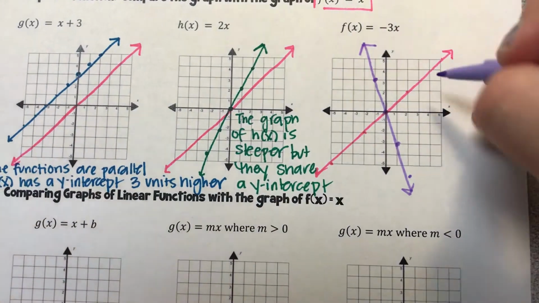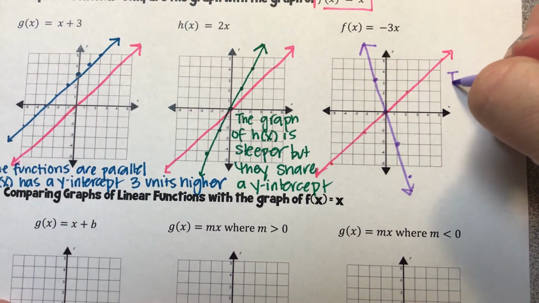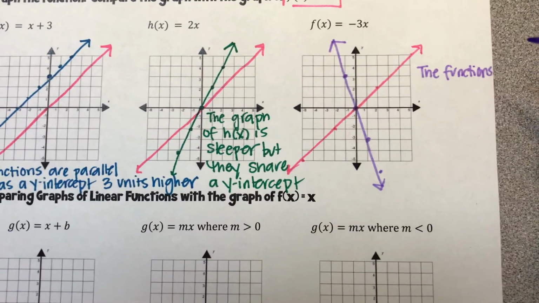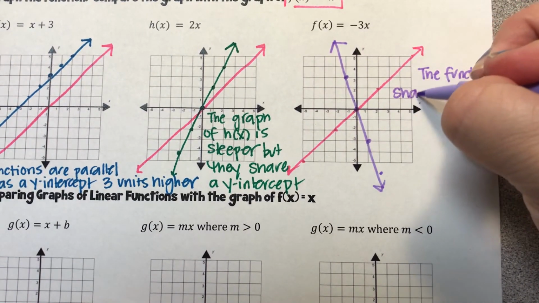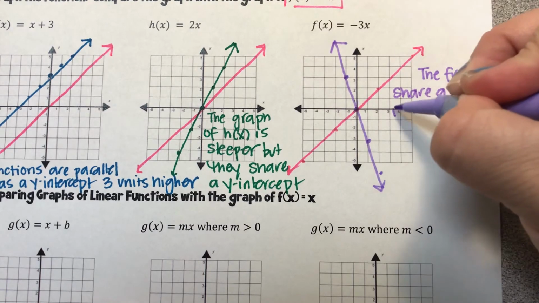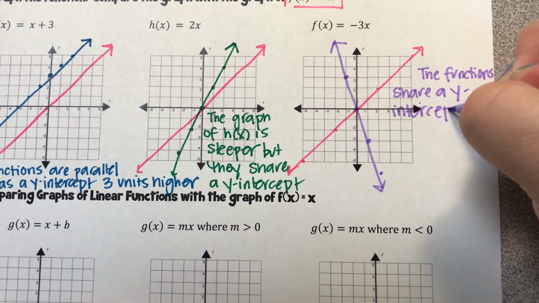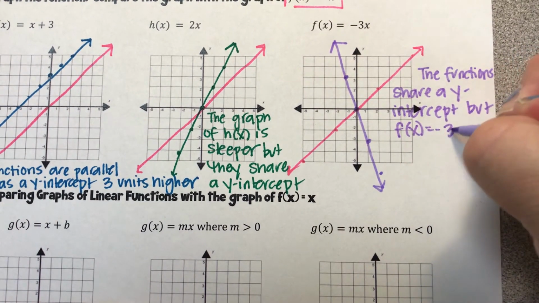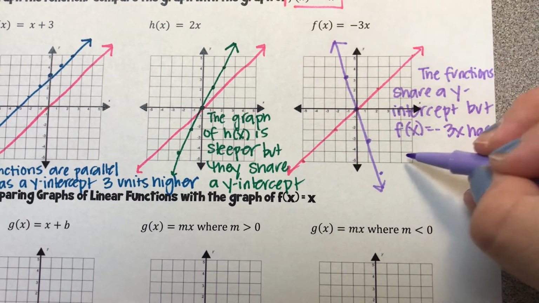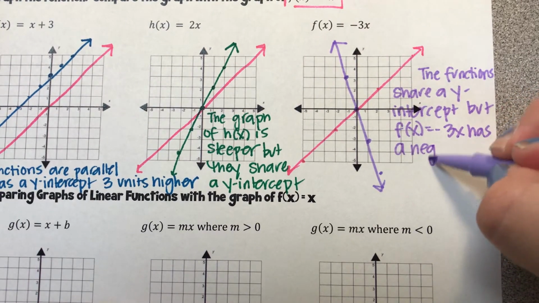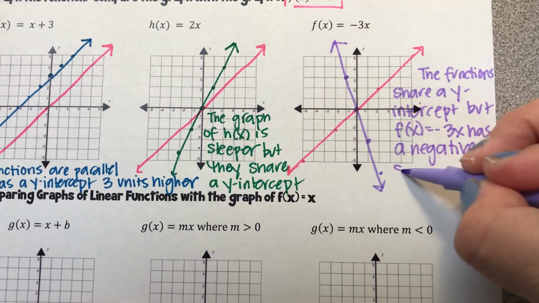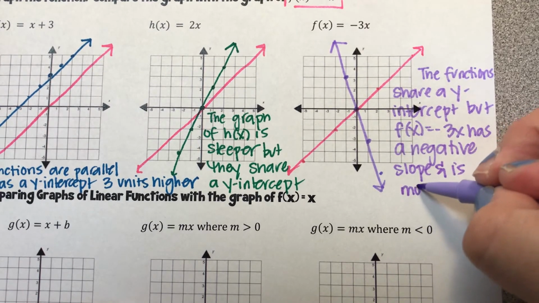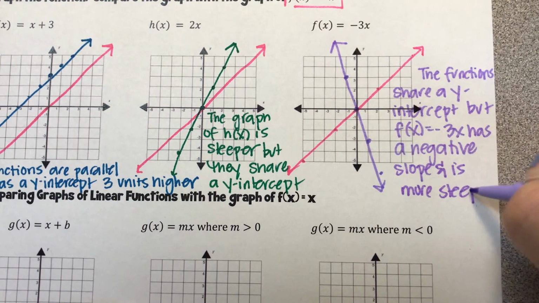So what we can say is the functions share a y-intercept, but f of x equals -3x has a negative slope and is more steep, right?